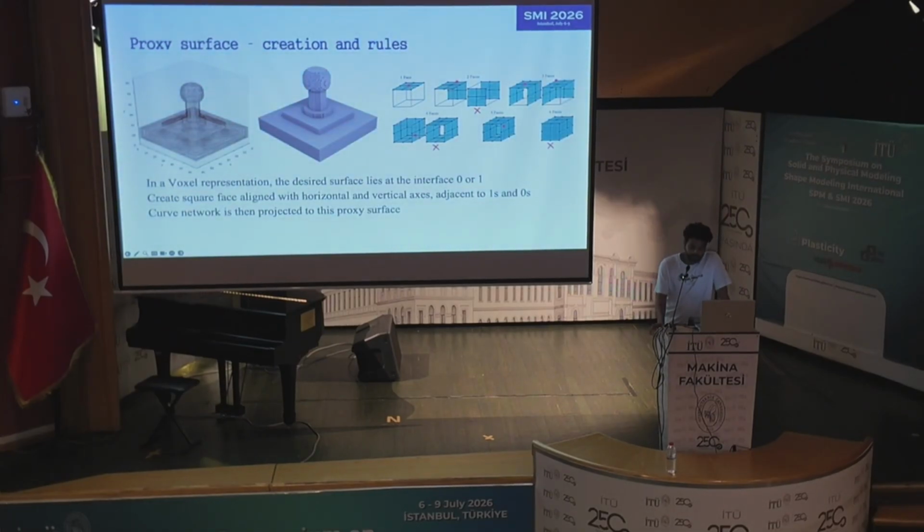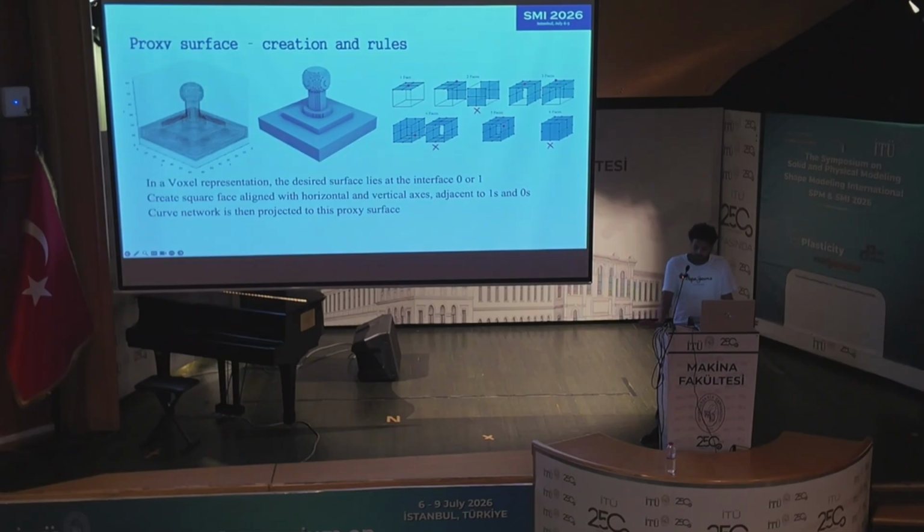Since the curve network is made by connecting sharp voxel centers, we need to project it to its corresponding proxy surface. And we know that our voxel grid is a binary occupancy grid, which is 0 if it is empty, 1 if the surface is present.